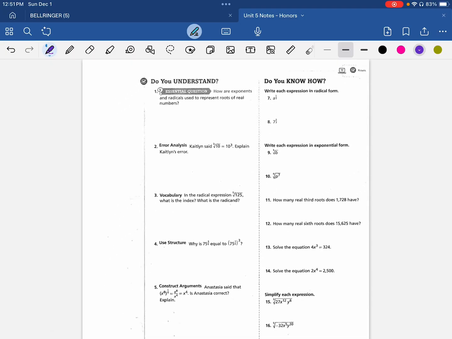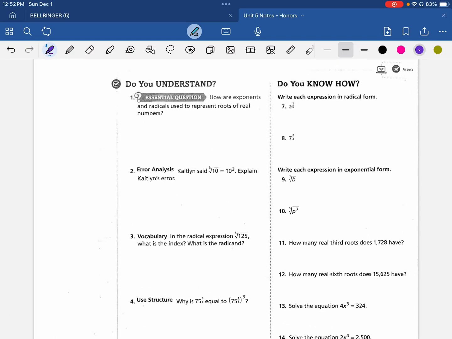This will be your assignment, but I am going to write a few things down on the left. How are exponents and radicals used to represent roots of real numbers? Radicals can be written as fractional exponents.